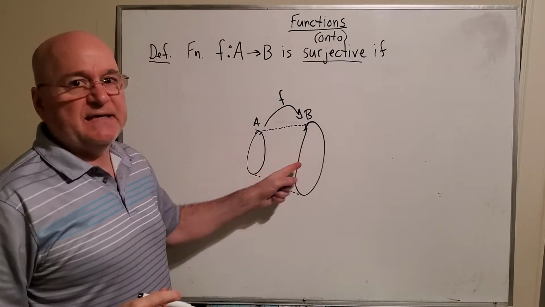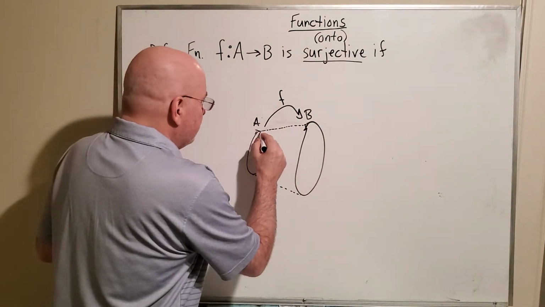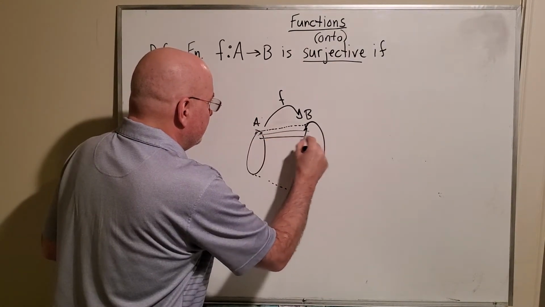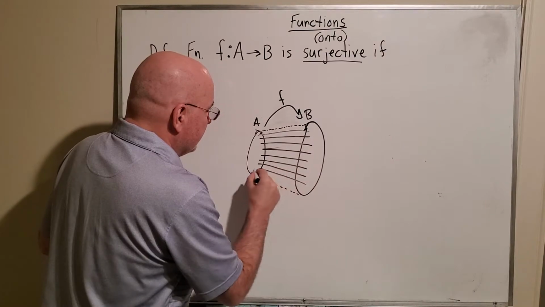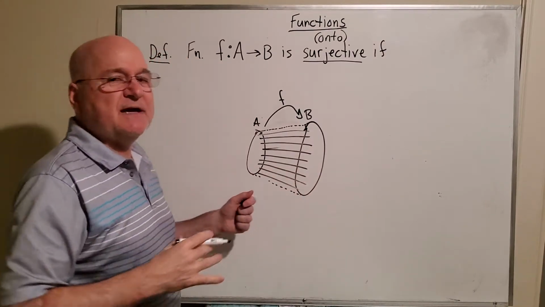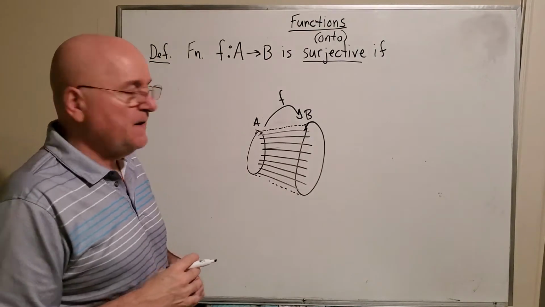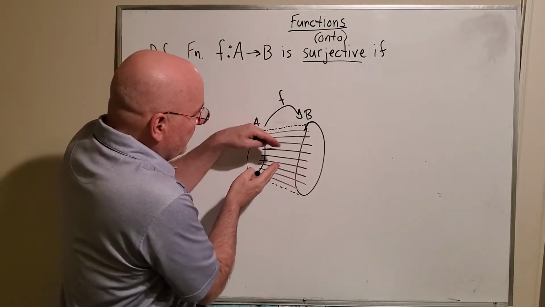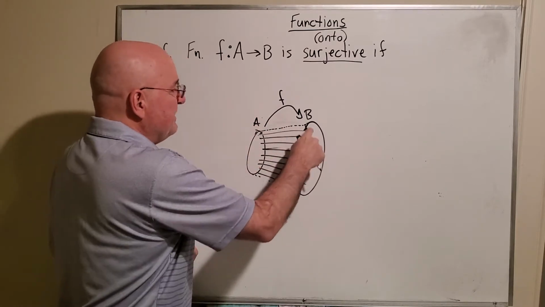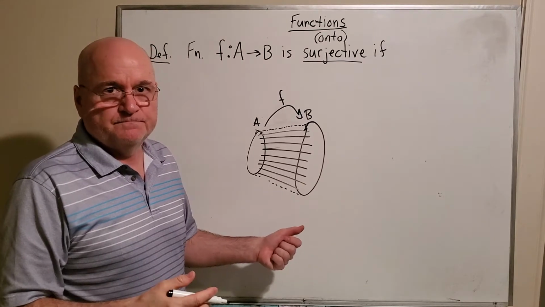And notice I made B look larger than A, and that's fine. But I would do something almost like a comb, just making it look to the person looking at the picture like there's not a single point in B that doesn't get mapped to.